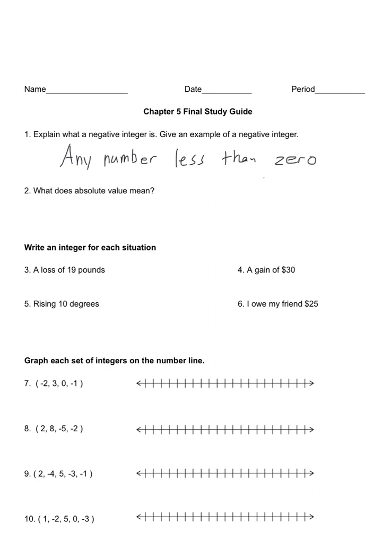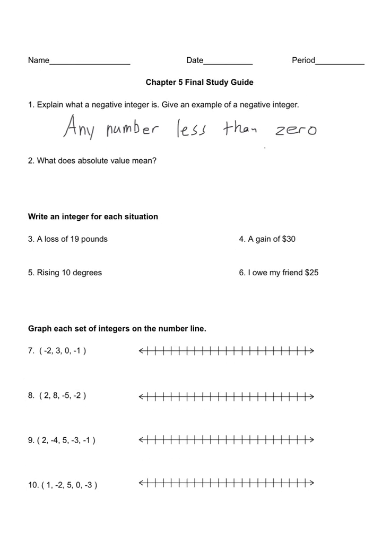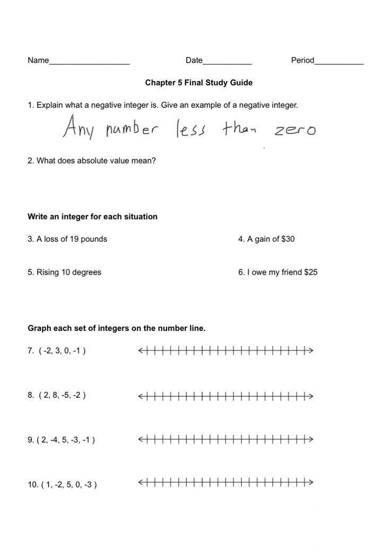If we were to look on a number line, which you'll see down below, any number less than 0 would be a negative integer. So an example could be -1, -2, -3, and so on, right?